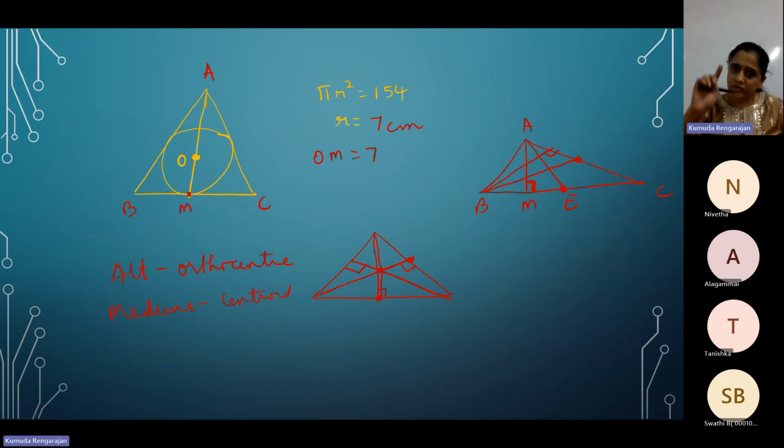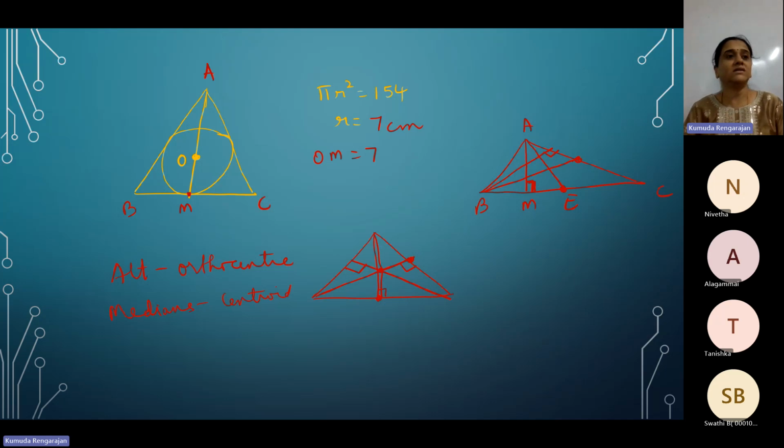The three altitudes will pass through the same point. That point is the orthocenter. Same triangle, three medians. They'll also pass through the same point. And that point is called the centroid. Where the medians meet, centroid. Where the altitudes meet, orthocenter.